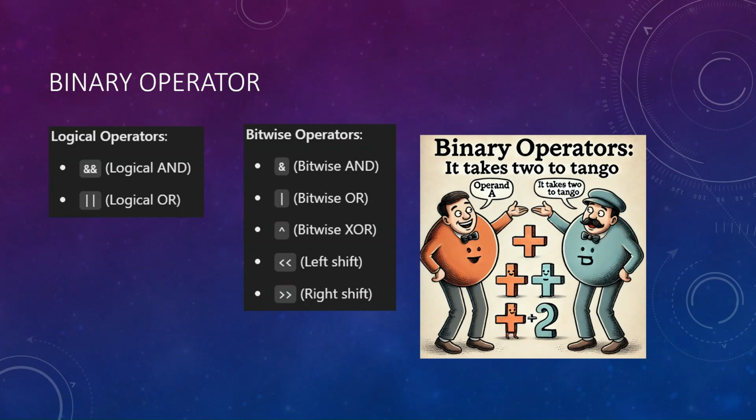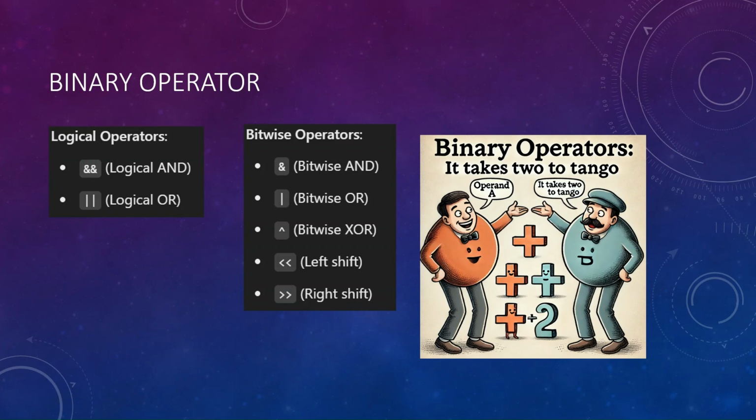Additionally, there are also the left shift operator and the right shift operator. The left shift operator shifts the bits of a number to the left by the specified number of positions, and the right shift will shift the bits to the right.